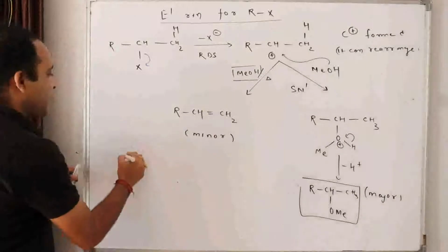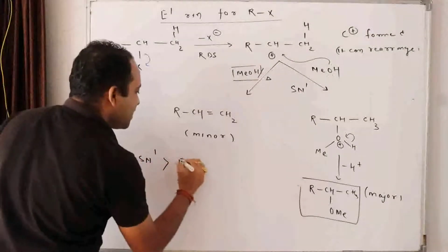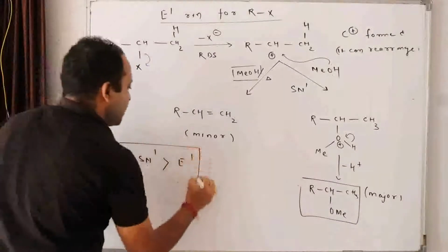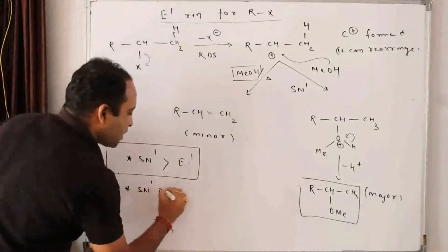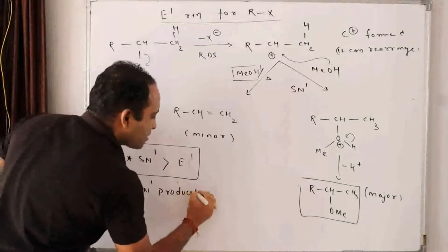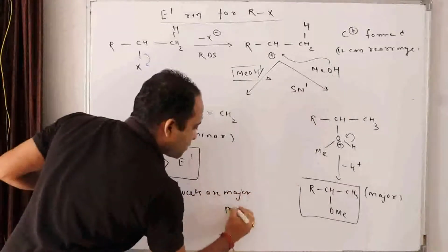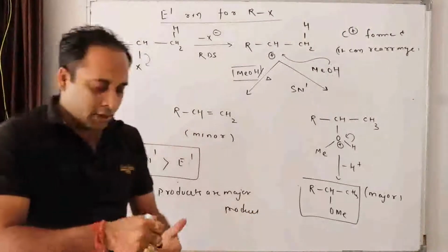SN1 dominates E1 reaction. Hence, SN1 products are major products. Easy? Write it down.